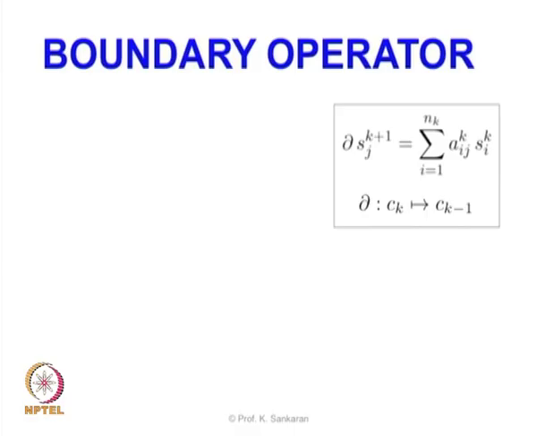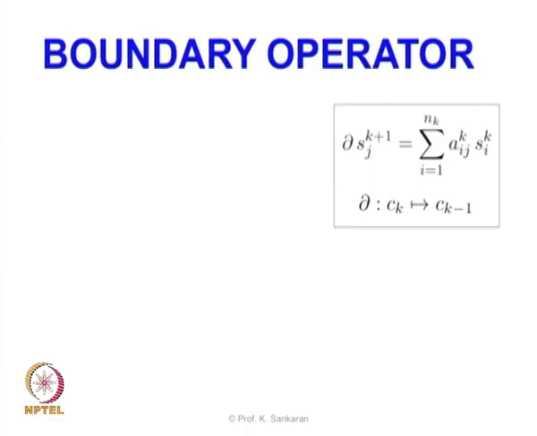So boundary operator is a very fundamental operator that is going to give us the boundary of a certain object that we are interested in. So what this equation says here is, this is a k+1 simplex.